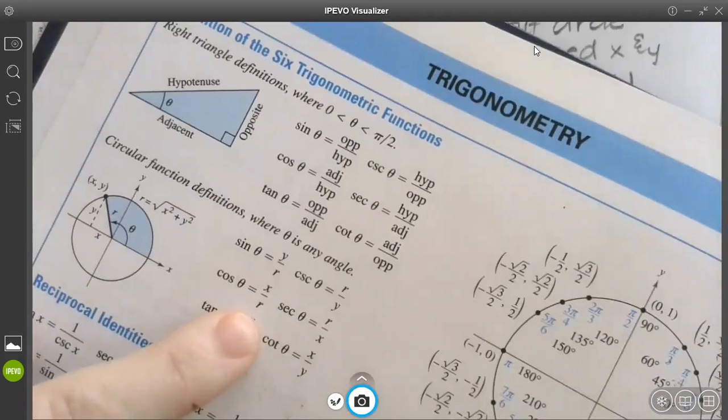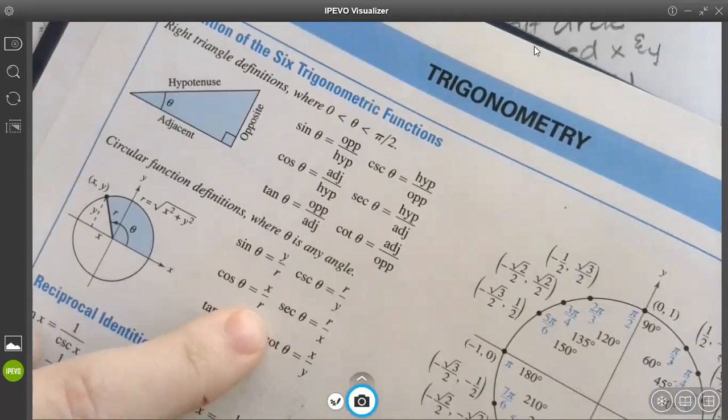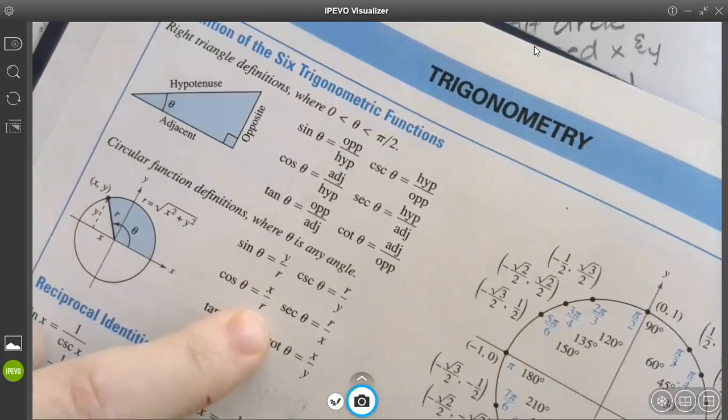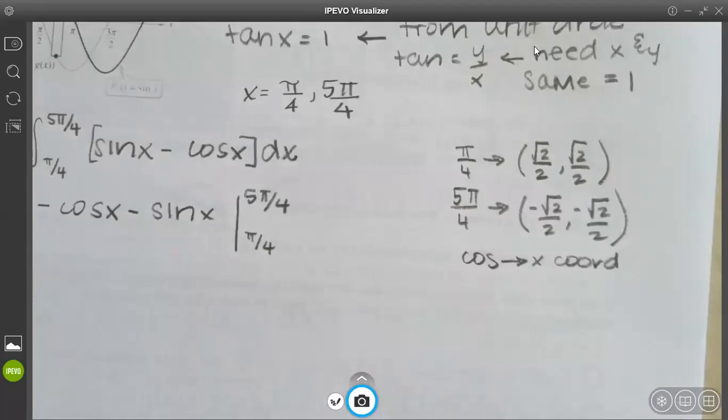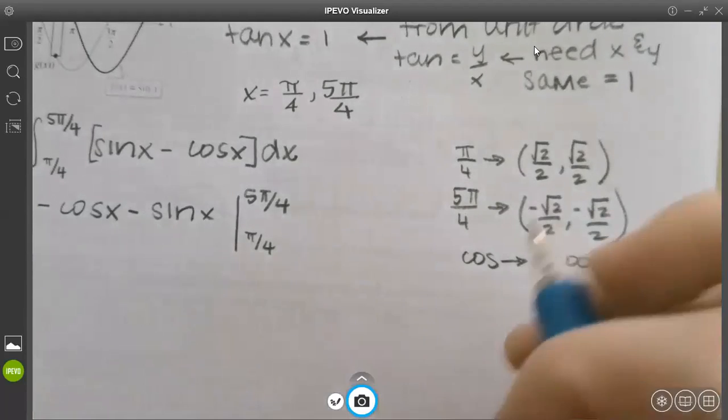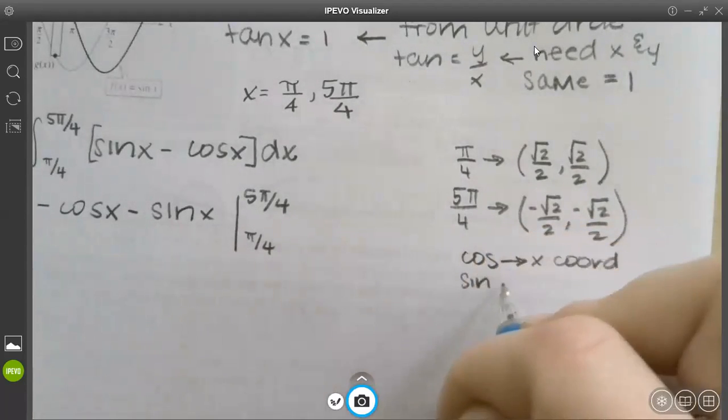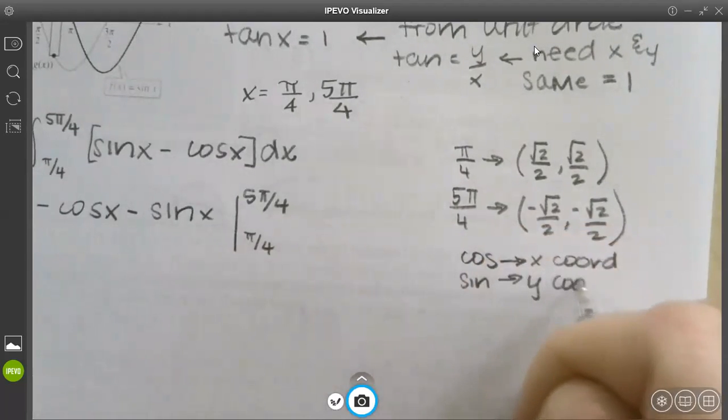Cosine is x over r if it's a unit circle with a radius of one. So that's why we don't worry with the r. It's x over one. Does everybody understand that? All right. So cosine is your x coordinate. Sine is your y coordinate.